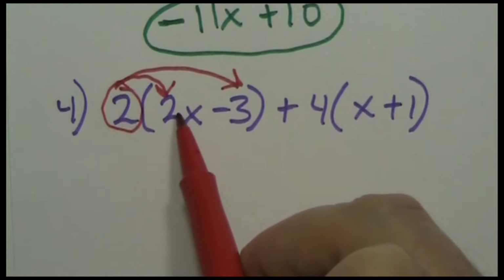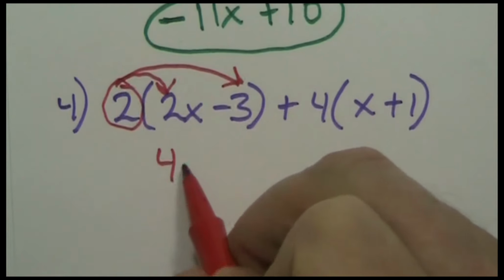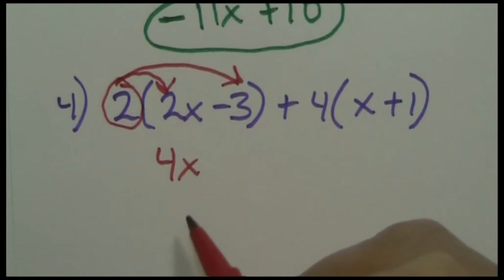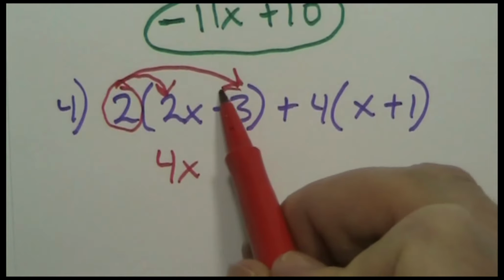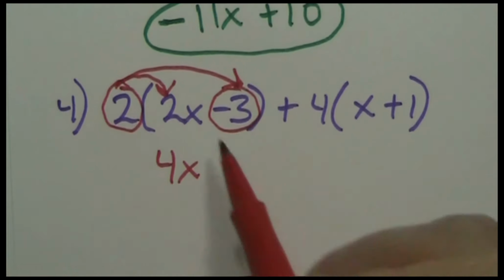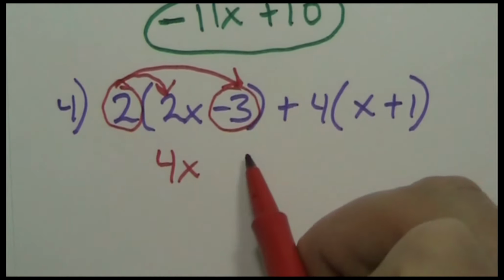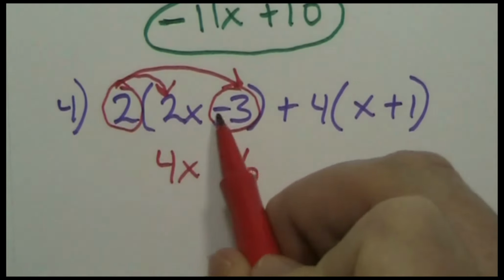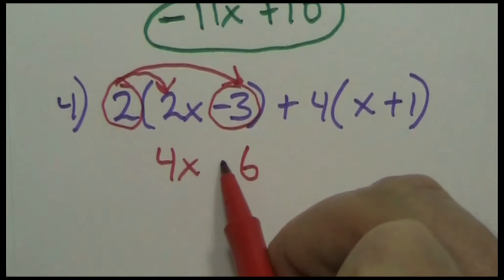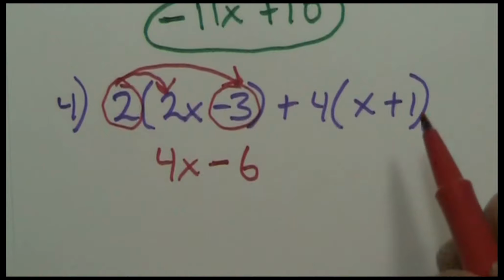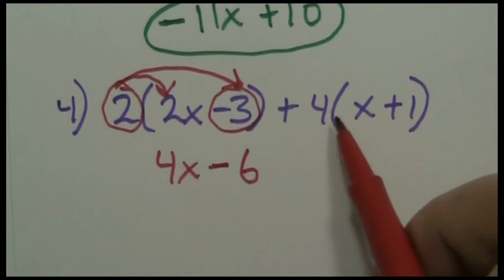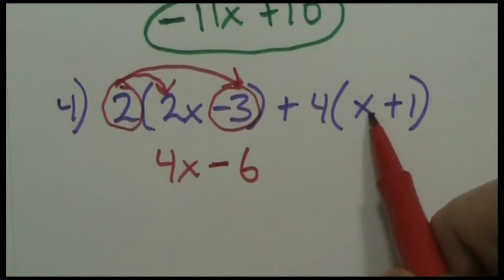So 2 times 2, that's 4. And then I have 2 times negative 3. 2 times 3, and there's one negative. So it's negative. When I'm multiplying, count negative signs. All right, now I have a 4 times x.